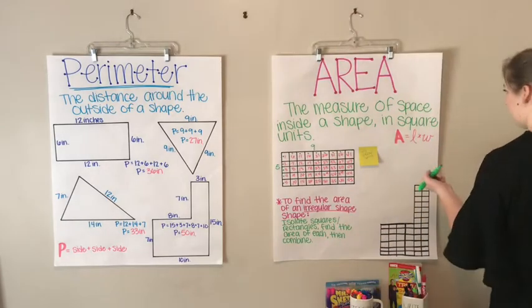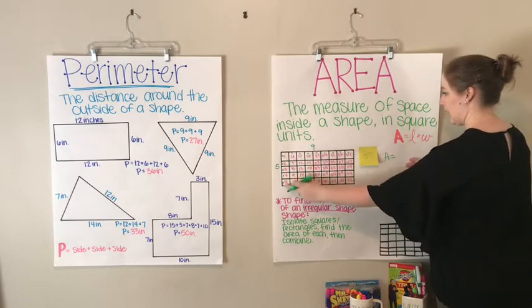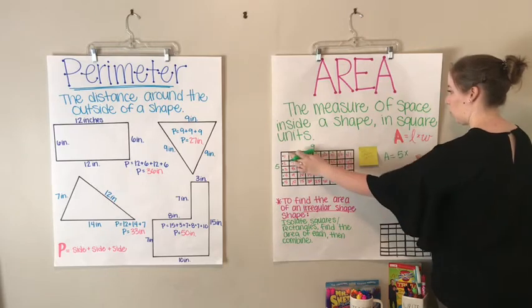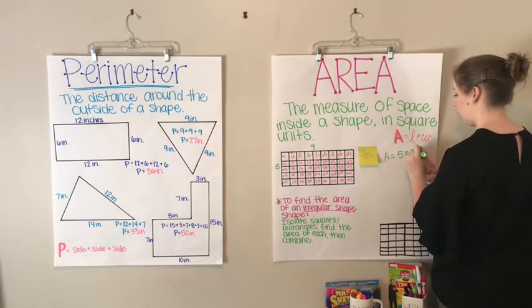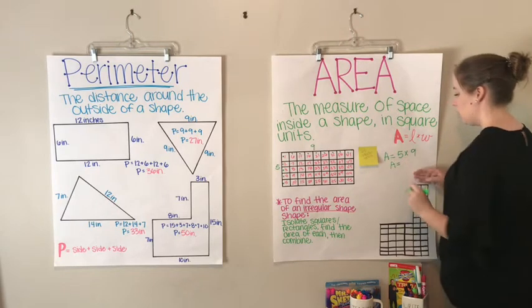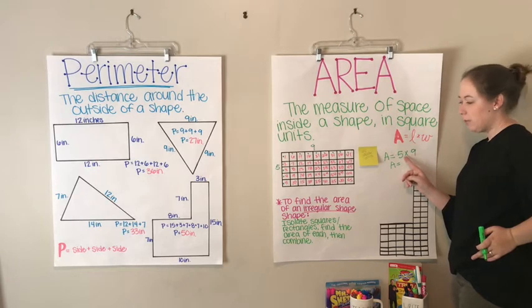So let's check it. So we have area equals, and then our length is 5 times our width is 9. So what is 9 times 5? What is 5 times 9?